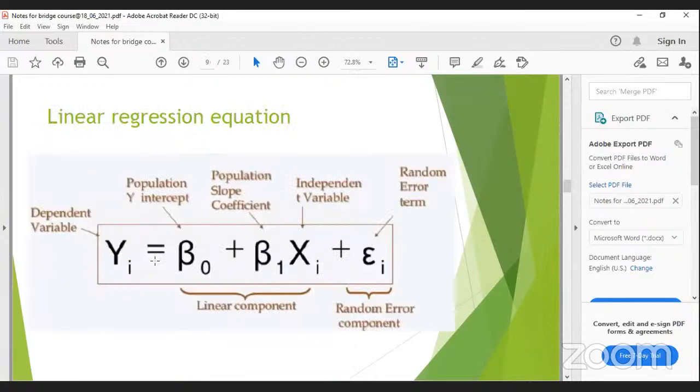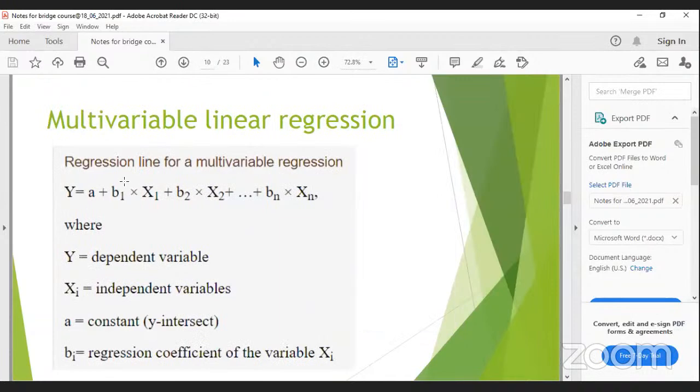This is regarding the population. When we talk about the population parameter, we always define betas. When we talk about small a, b1, b2, that means we are talking about a sample linear regression.